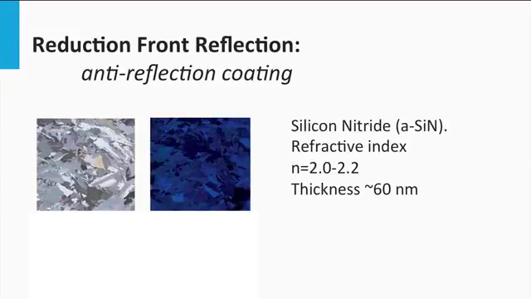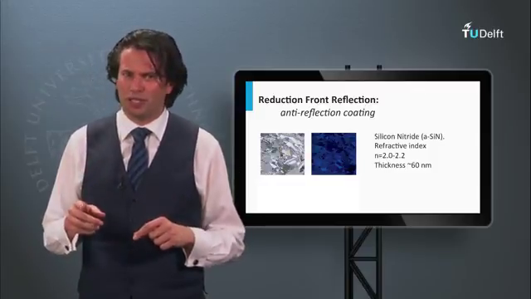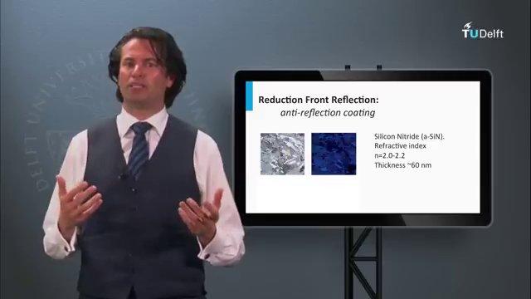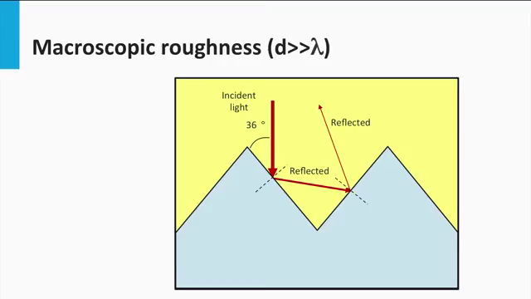Note that the surface of the solar cell looks a bit bluish. This shows that the reflection of blue light by the silicon nitride is larger than for the other wavelengths. As discussed last week, texturing of the surface can improve the light incoupling as well. Light that is reflected at the textured surface can be reflected at angles in which the trajectory of the light ray is incident somewhere else on the surface.